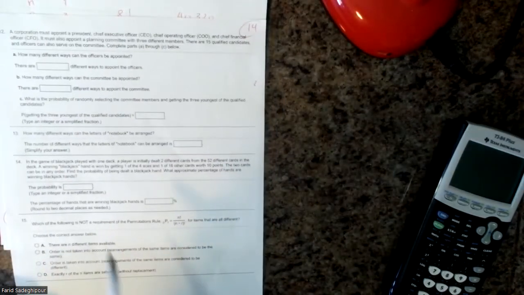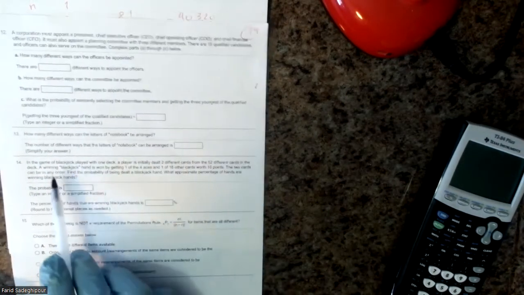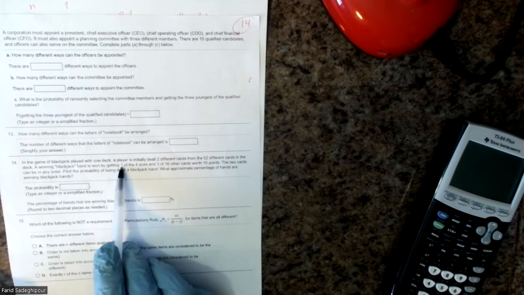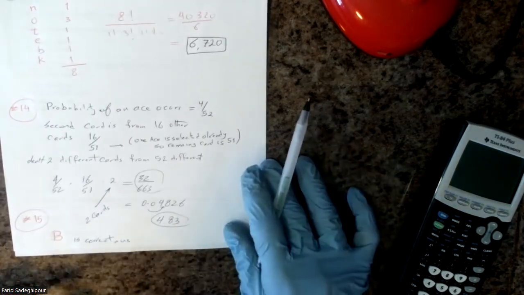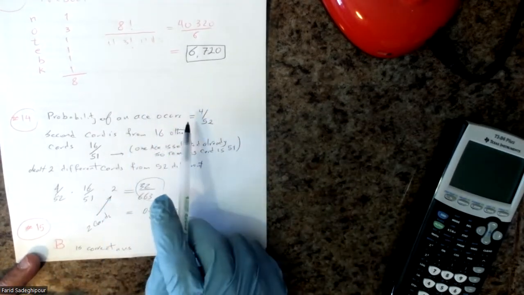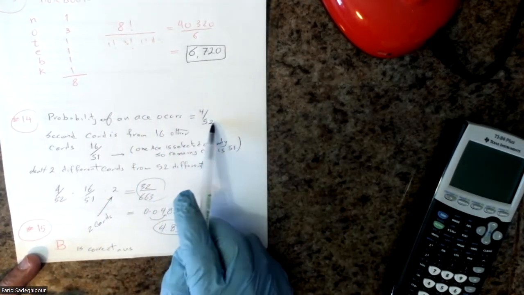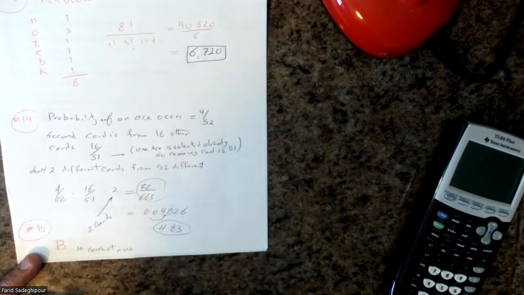Number 14, a game of jackpot. You pull 2 different cards from 52 different cards. The winning is 1 of 4 aces and 1 of 16 cards with 10 points. So in this case, the very first one, what's the probability of pulling an ace? There are 4 aces out of 52, so 4 out of 52.